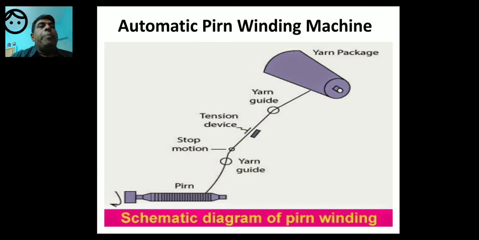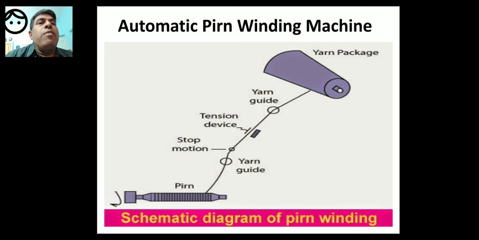So the automatic pern winding machine, the schematic diagram of pern winding machine. So what is pern winding? Conversion of a large package to a small package is known as weft winding or pern winding. Conversion of a big package to a small package such as a pern.